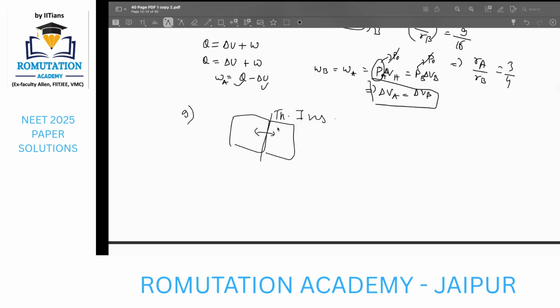Internal energies will also get some subsumed in this case. So whatever internal energies they will be earlier possessing, that might be the reason, because their concentration or the fraction differences are also there, right? The partial fractions are also, and initially one gas was not available here, the other was not available here, so they will start diffusing and create a miscellaneous mixture which is quite uniformly distributed, right?